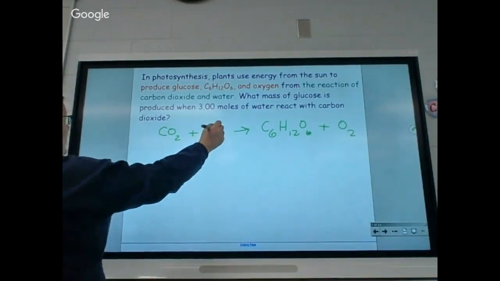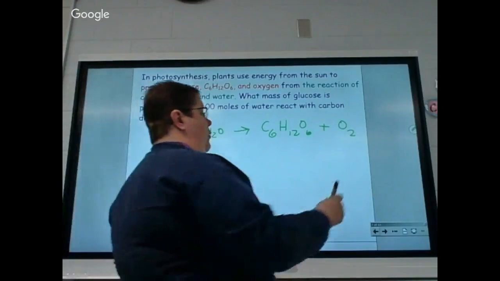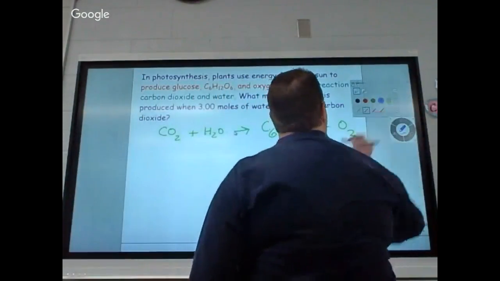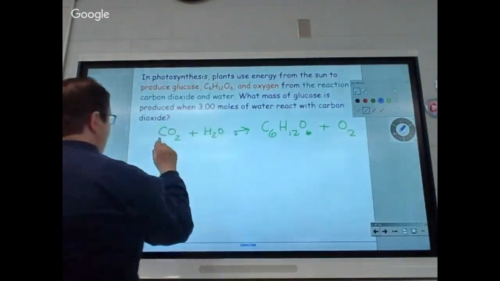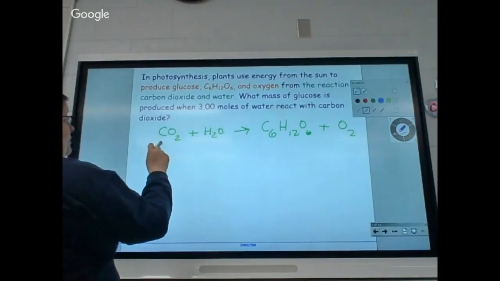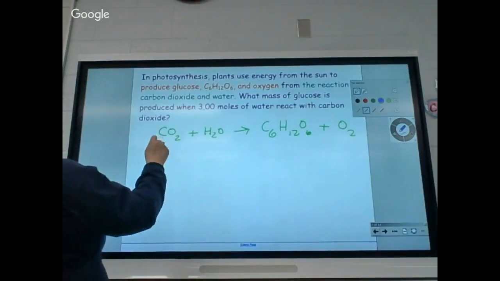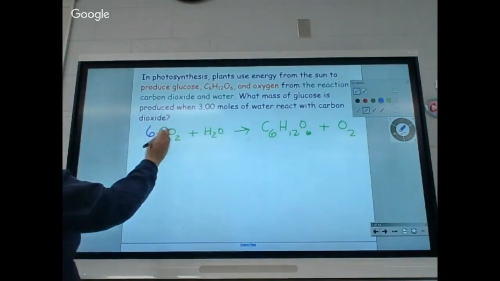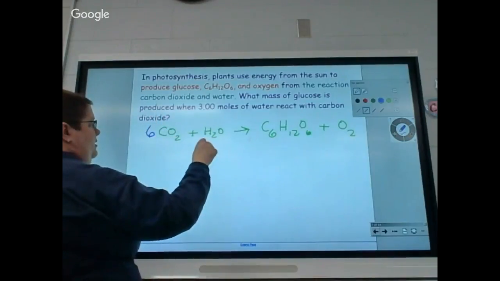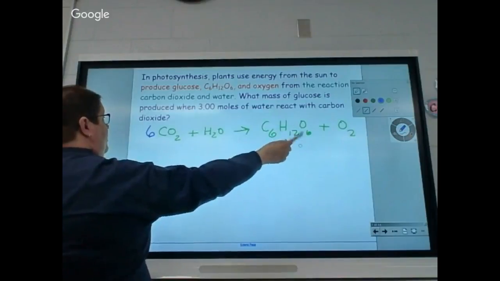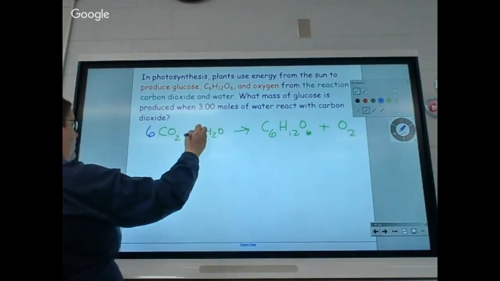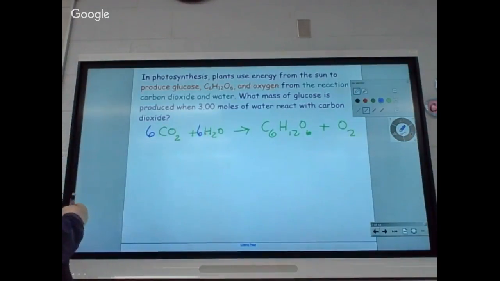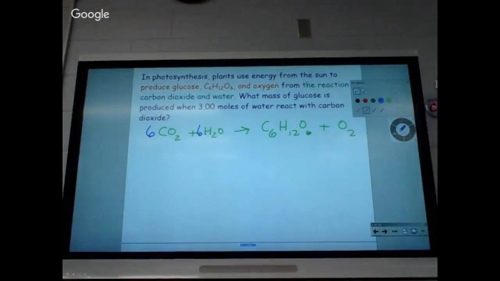All right, so we need to balance it. When I look at this, we have how many C's? How many here? So I'm putting what here? How many H's? How many here? So I'm putting what here? 6 times 2 is 12. Now, the O's are what usually get people in this equation. So see if you can follow my logic in how I'm balancing this.